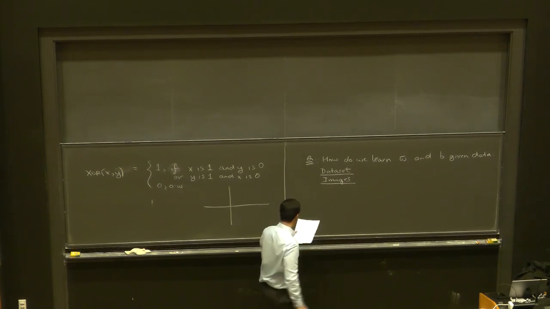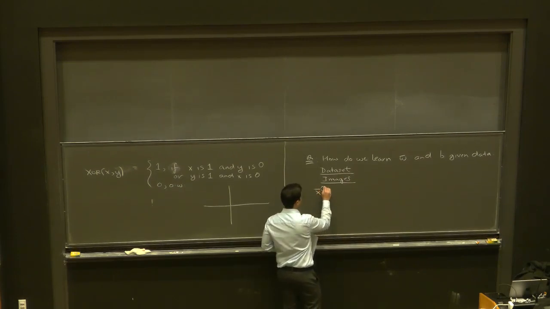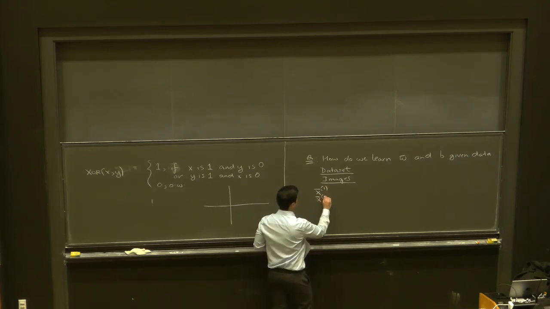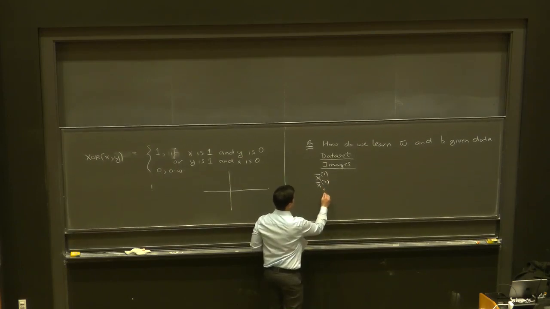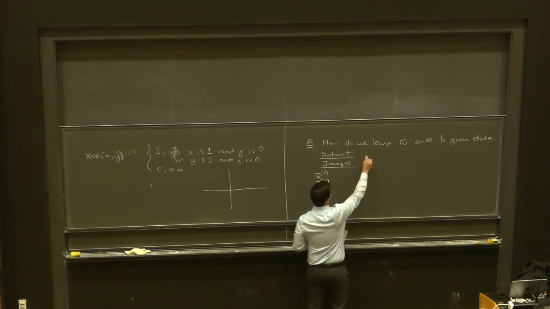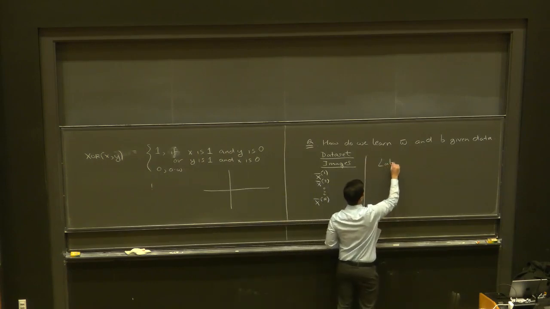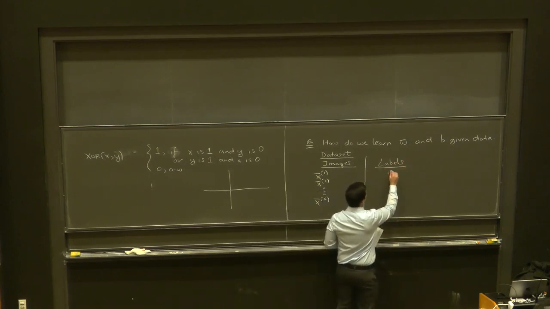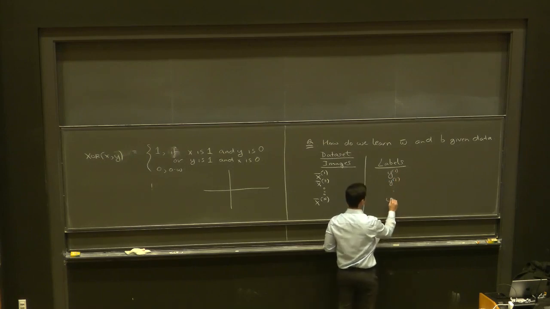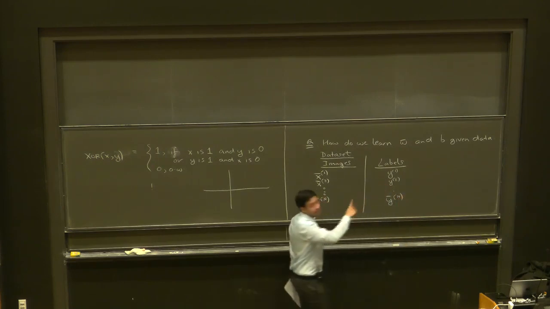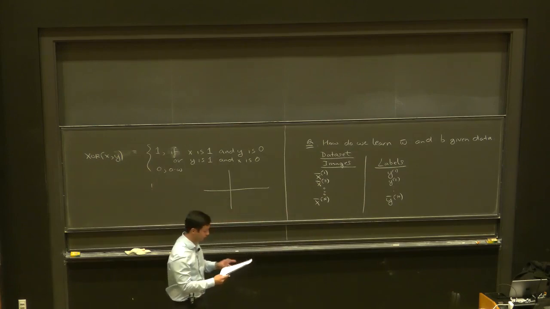Each image we're going to think of as a vector, and the superscript is going to index the different images in our data set. And then we have corresponding labels. These are y1, y2, and up through y capital N. And these labels are just 0 or 1 for the sake of concreteness.